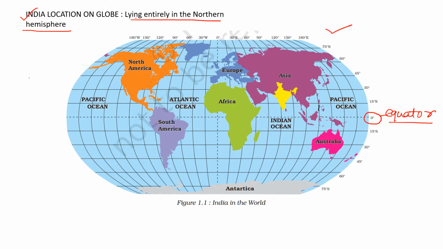And see India. This whole area above the equator is the northern hemisphere, and below this is the southern hemisphere.